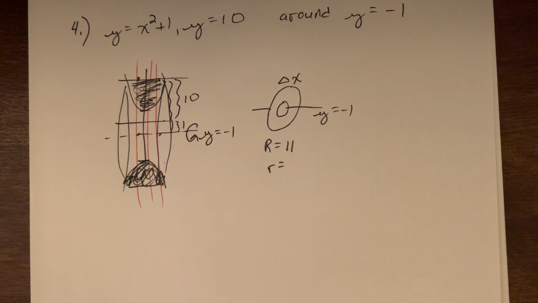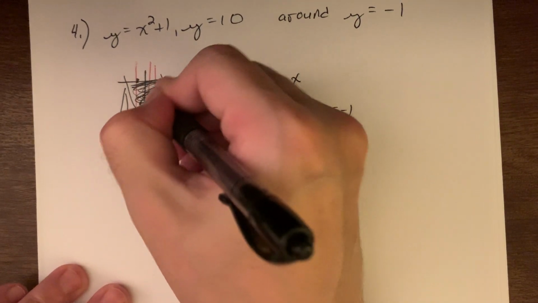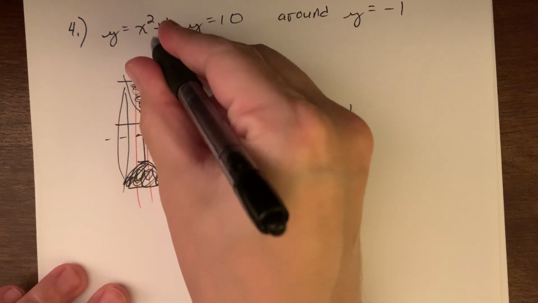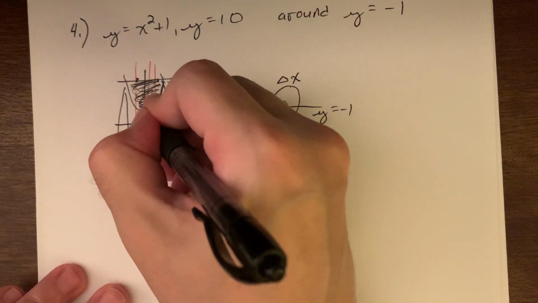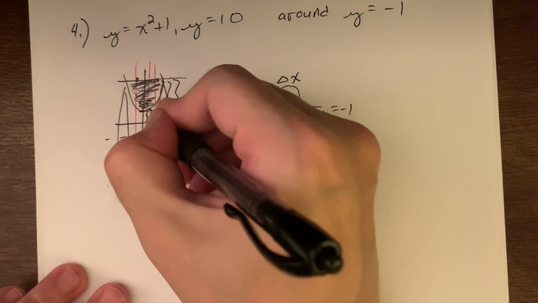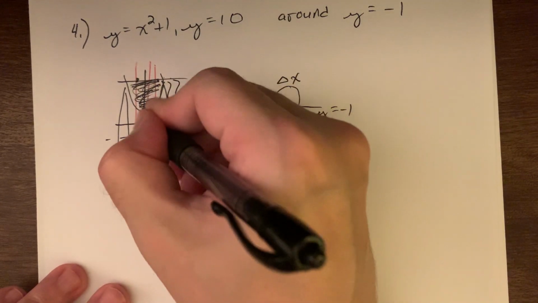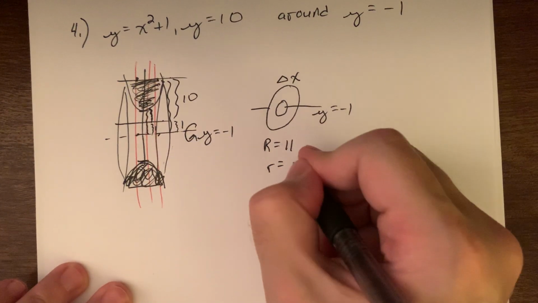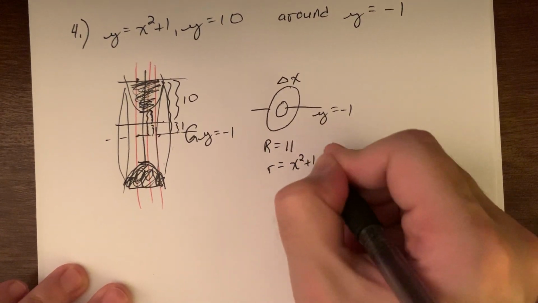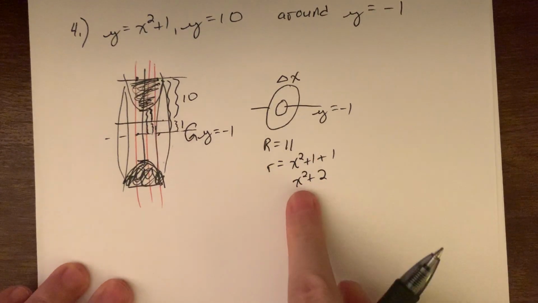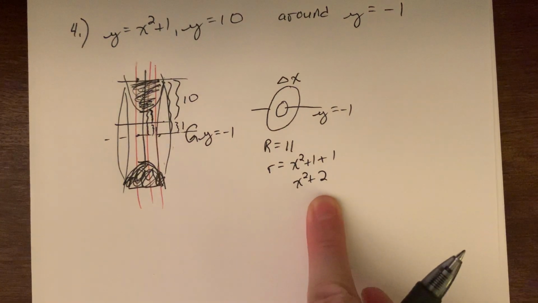But now the next part, well, very similar. This distance, the y value on the curve gives me this distance, so that's the x squared plus 1, but I need this distance. Same idea. I know what this is. I know this is 1. Add those two pieces together to get that whole piece. So I get x squared plus 1 plus 1, which I'll definitely take advantage and just clean up as x squared plus 2.